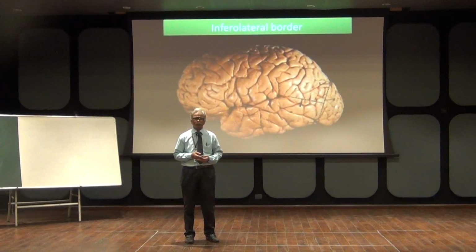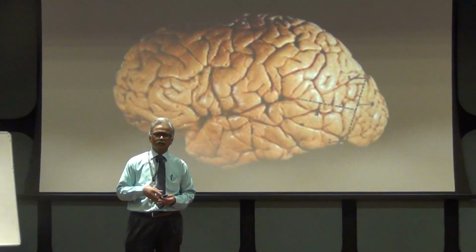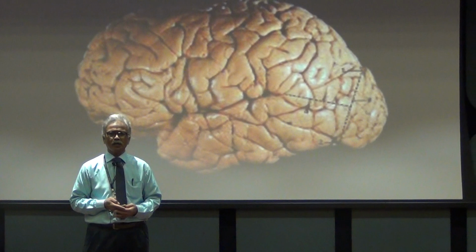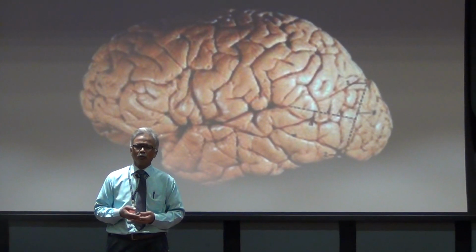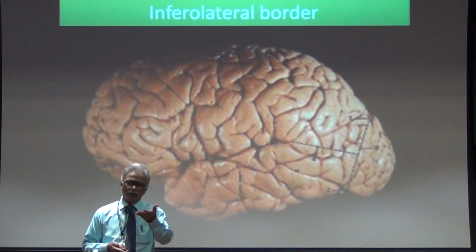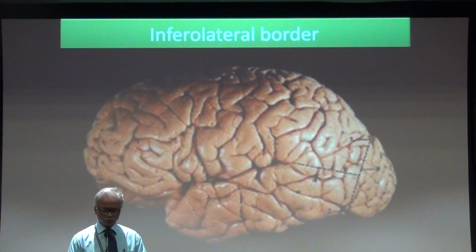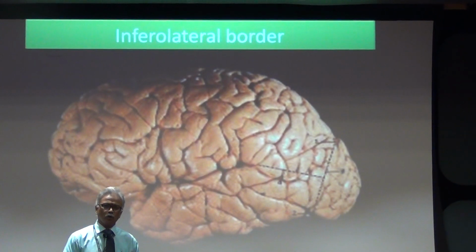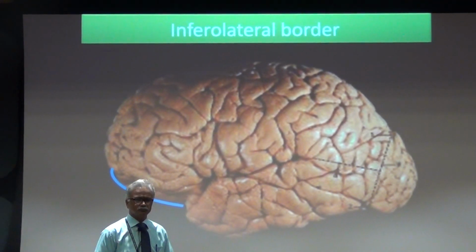Now inferolateral border. If you examine the inferolateral border, it is not straight. The anterior part is overlying the orbital plate of the frontal bone. This part of the brain is separated from the orbit by the orbital plate of frontal bone, and this part of the inferolateral border is called as superciliary border.